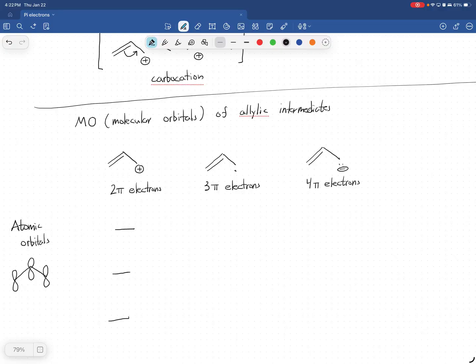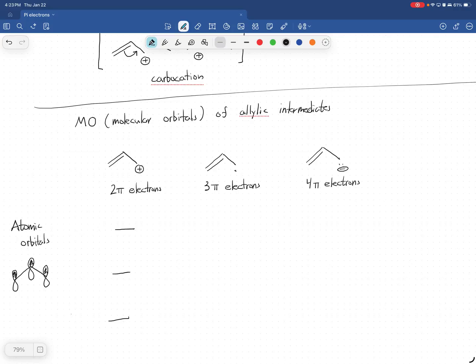When they combine, so the atomic orbitals here are going to combine. They combine to form molecular orbitals. So I'm just going to draw them as p orbitals right next to each other. In reality, they're more meshed up. So they're more like squished together into a fatter orbital.